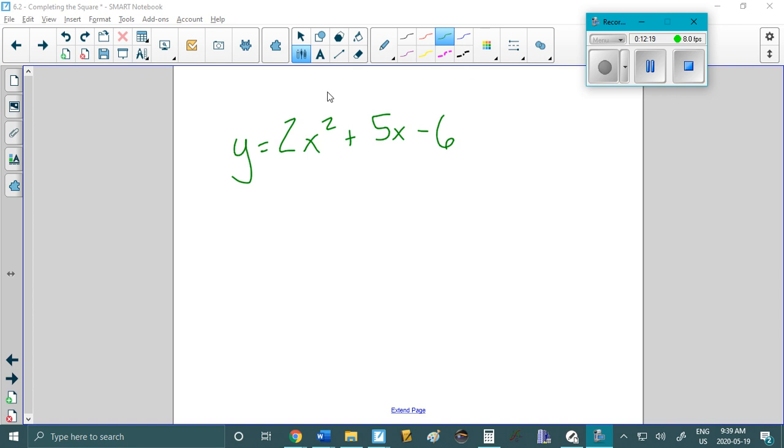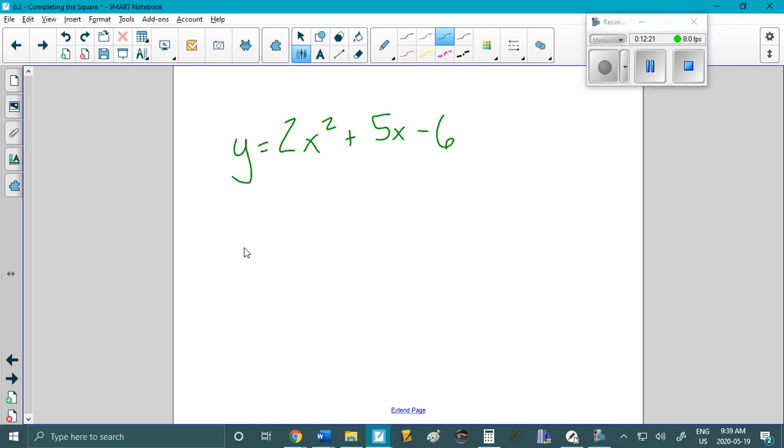Okay, folks, I created one more example here because I want to show you what happens when it's not nice and neat. So first, I'm going to take 2 out of the first two terms. So 2 times (x squared plus 2.5x) minus 6.